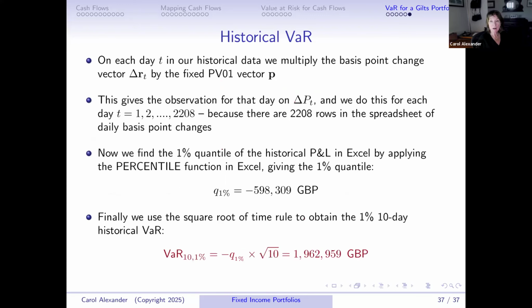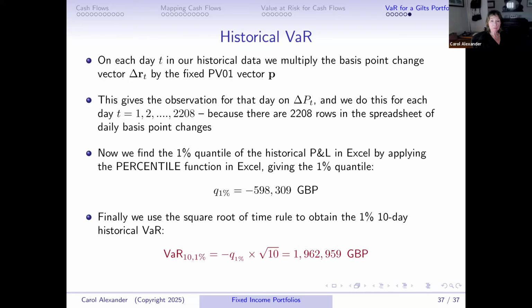For the historical VaR, on each day t in our data set, we'll multiply that p vector by the actual basis point changes, those row vectors that we saw. So there were 2,208 rows in the spreadsheet for the basis point changes.